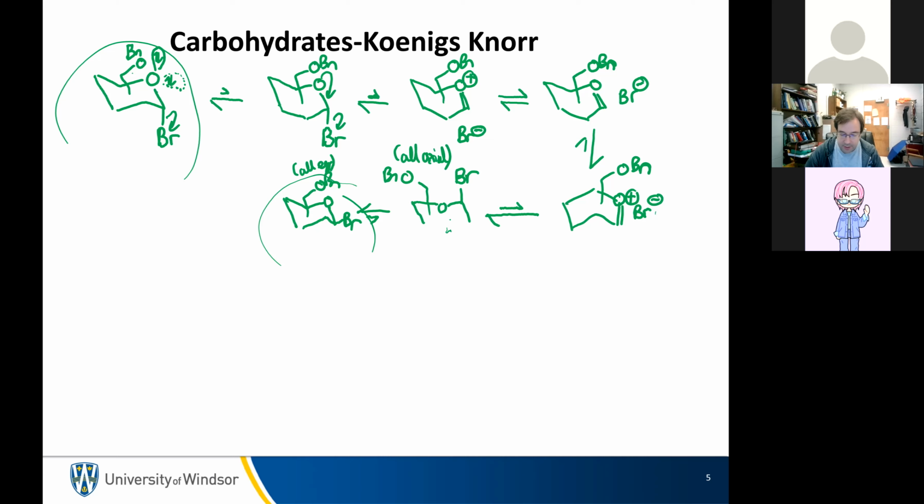You know what, I skipped a step. I will put this in, it should actually have gone through a boat intermediate. It still is all axial there.